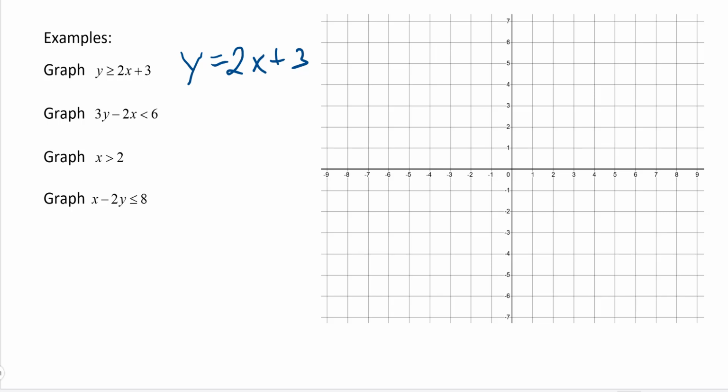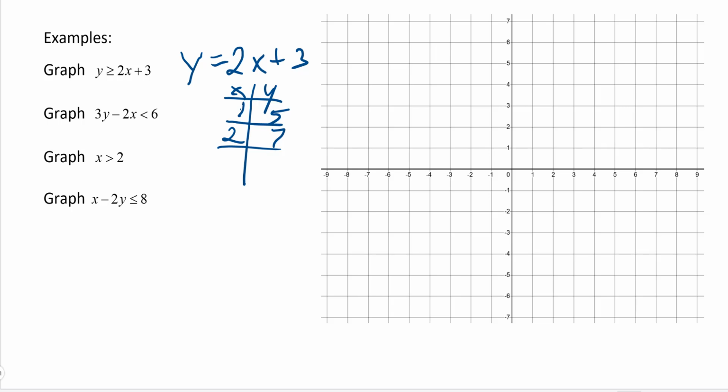Since it's y equals mx plus b, we know it's a line. We can graph the line. There's various ways to graph the line. One way would just be to make a table of values. If I plug in 1, I get 5. If I plug in 2, I get 7.